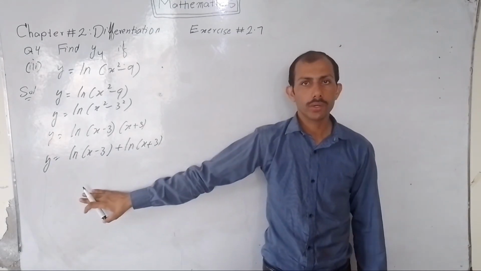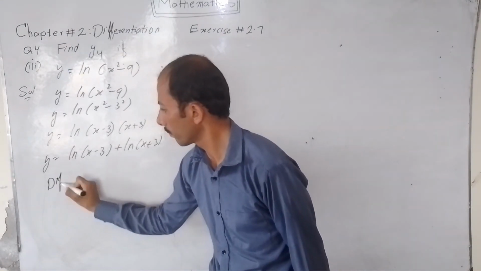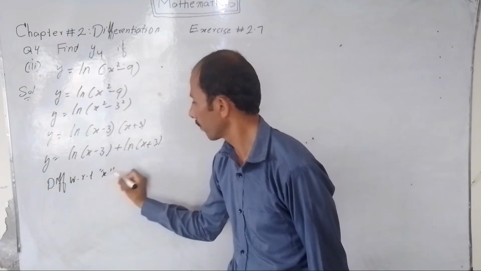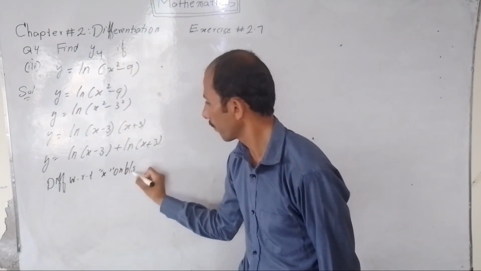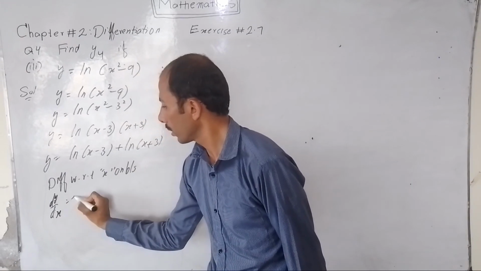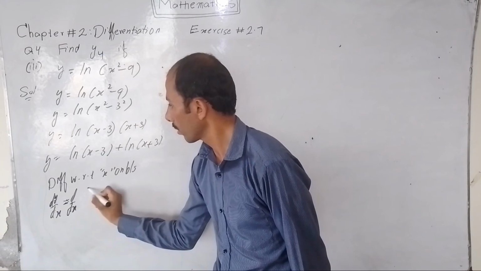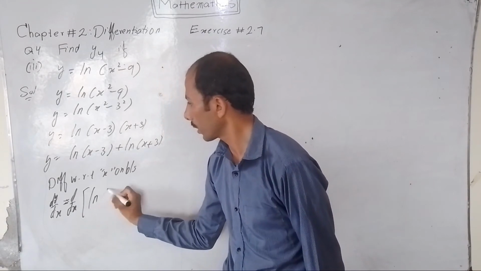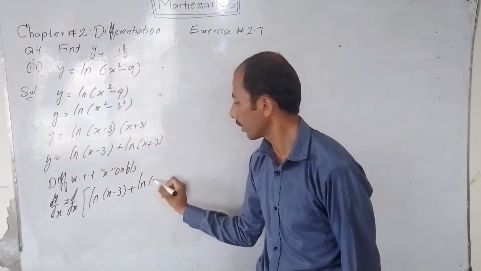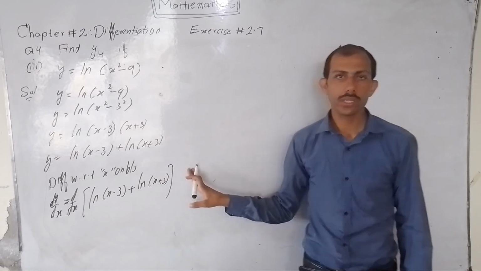Differentiate with respect to x on both sides. dy over dx is equal to the derivative of natural log of x minus 3 plus natural log of x plus 3. Again differentiate.